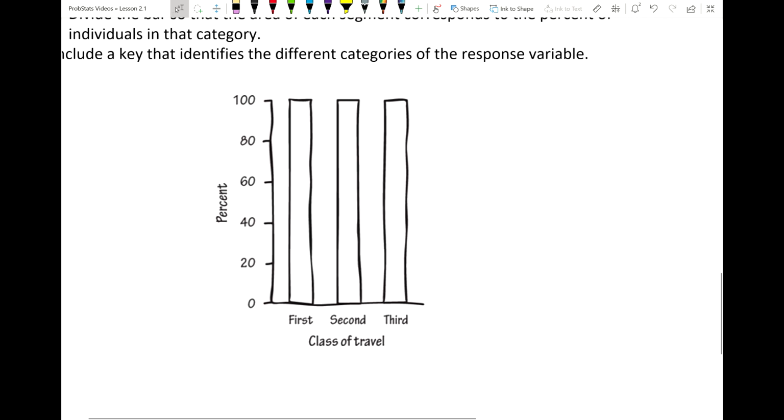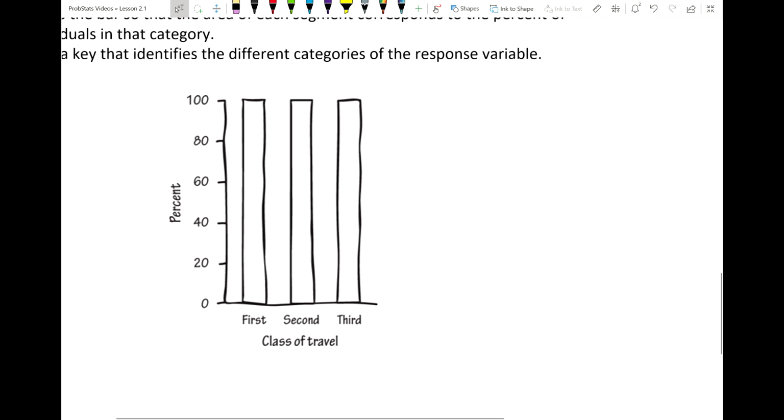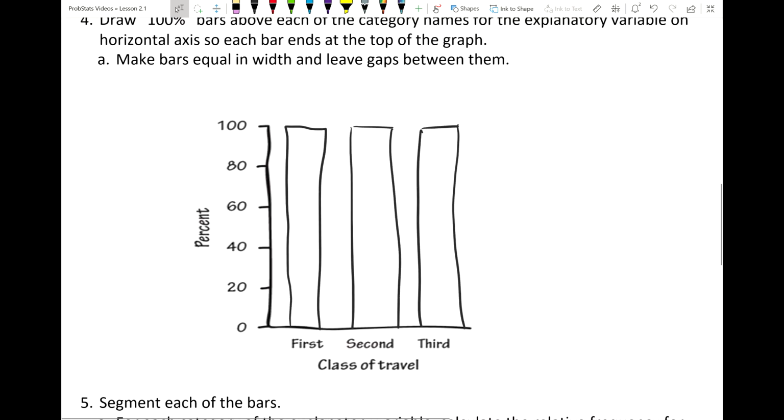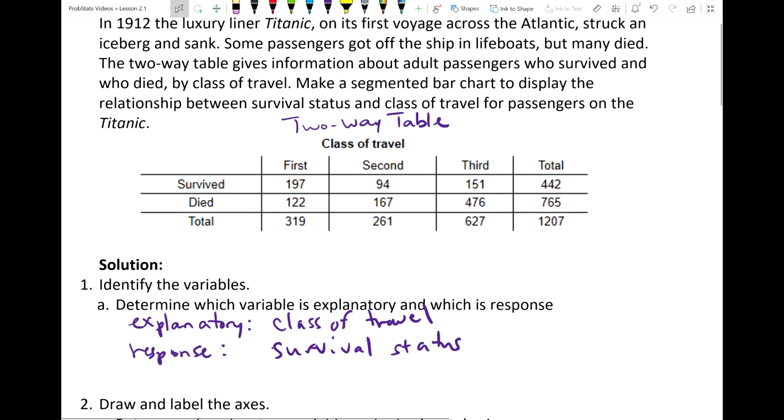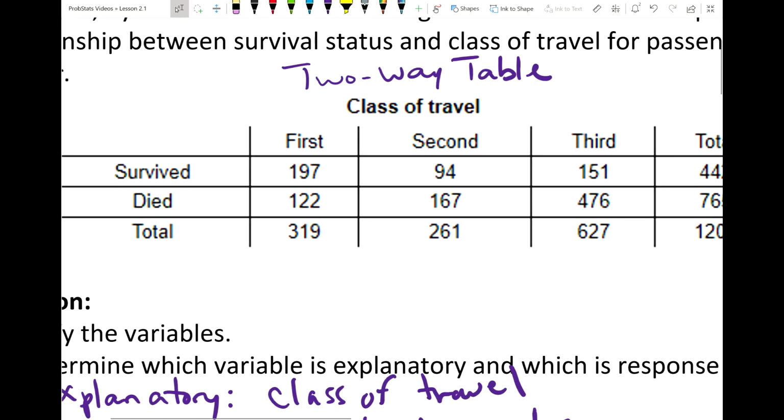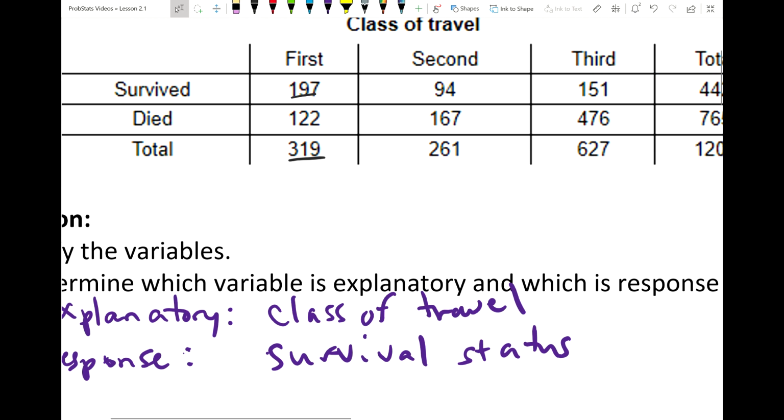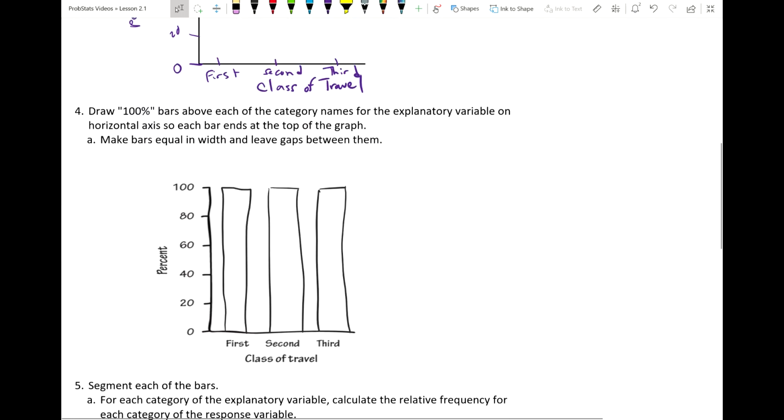So using the table, we're going to calculate the percentage of people who survived in first class. If we look at first class, 197 out of 319 survived. We're going to be using the results from that table.